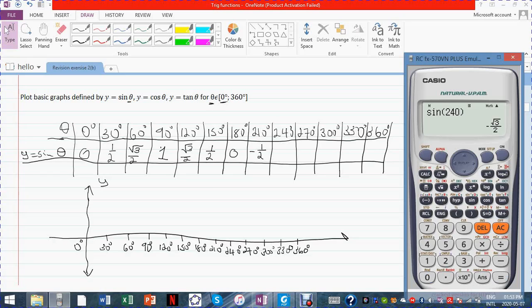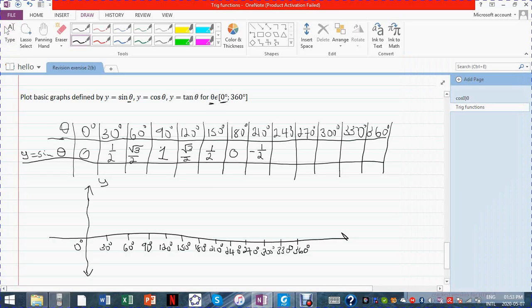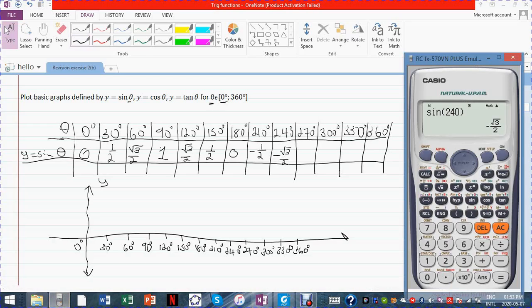Sine of 240 equals negative root 3 over 2, and then sine of 270. Sine of 270 gives us -1.